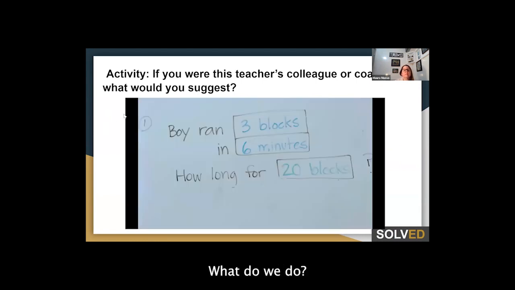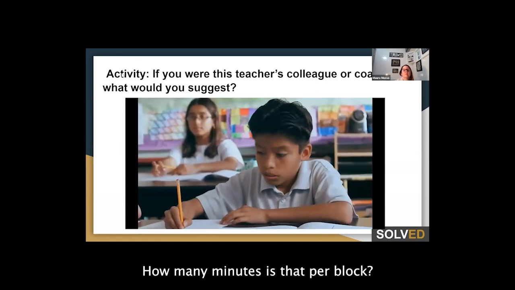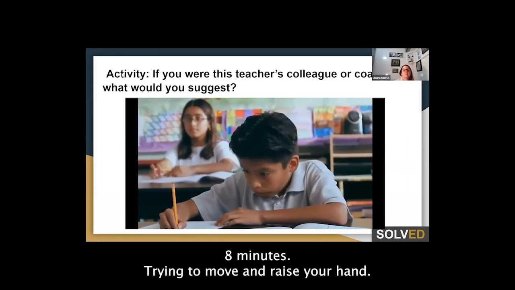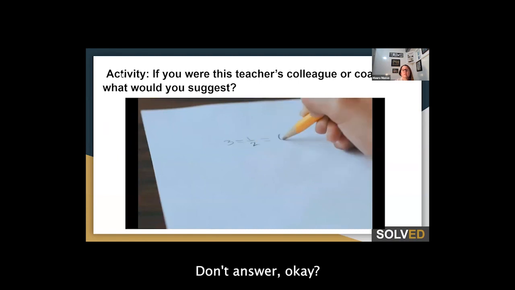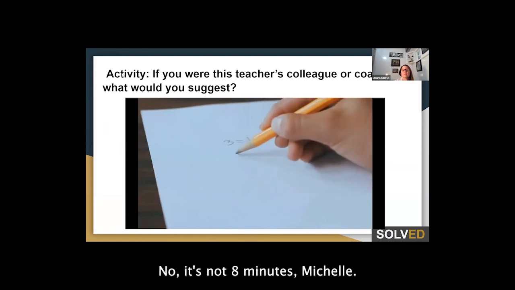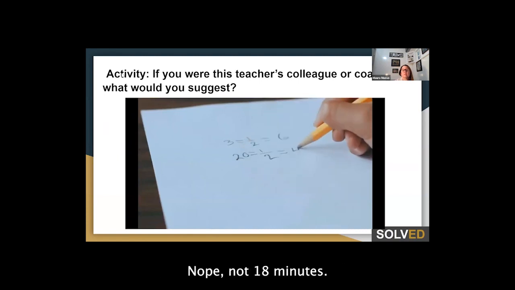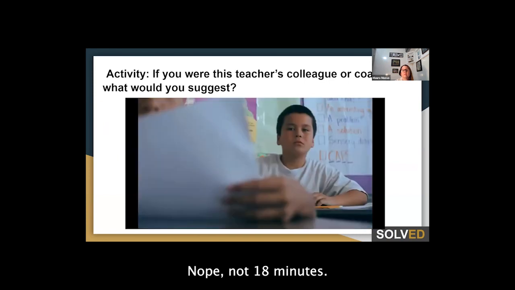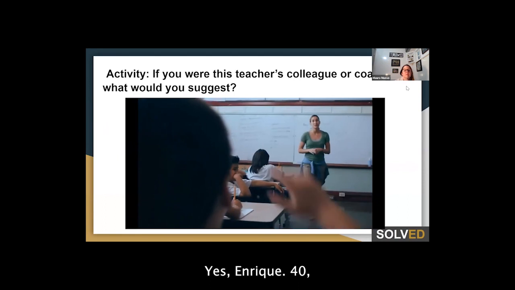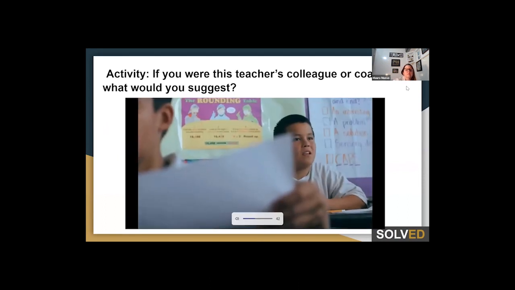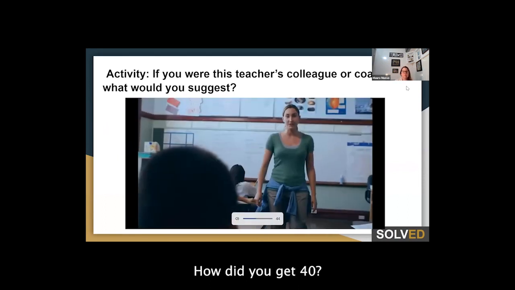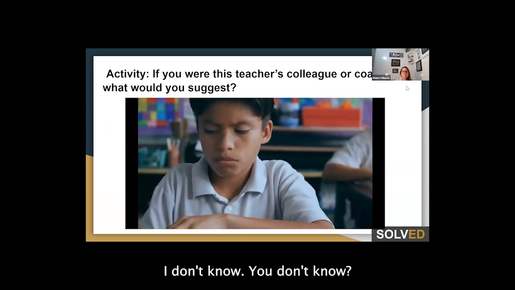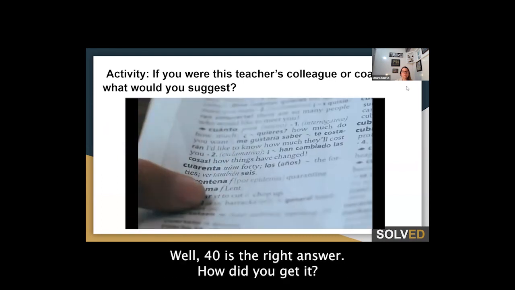What do we do? How many minutes is that per block? 8 minutes. Try and remember to raise your hand if you want to answer, okay? No, it's not 8 minutes. Michelle. 18 minutes? Nope, not 18 minutes. Yes, Enrique? 40? 40, yeah, very good. How'd you get 40? I don't know.